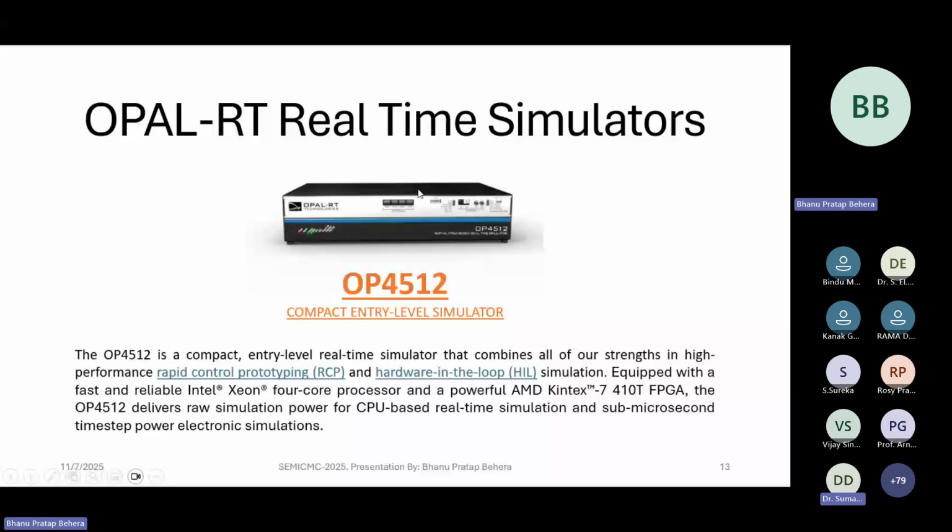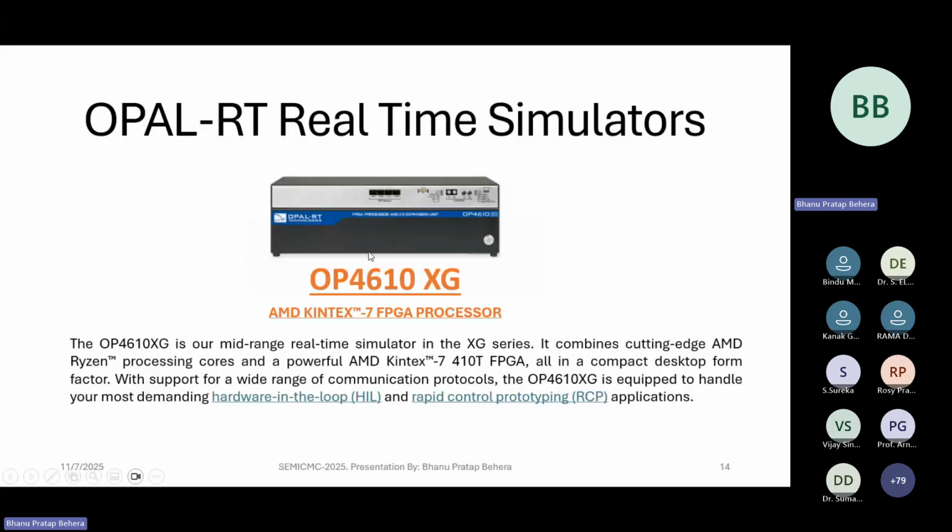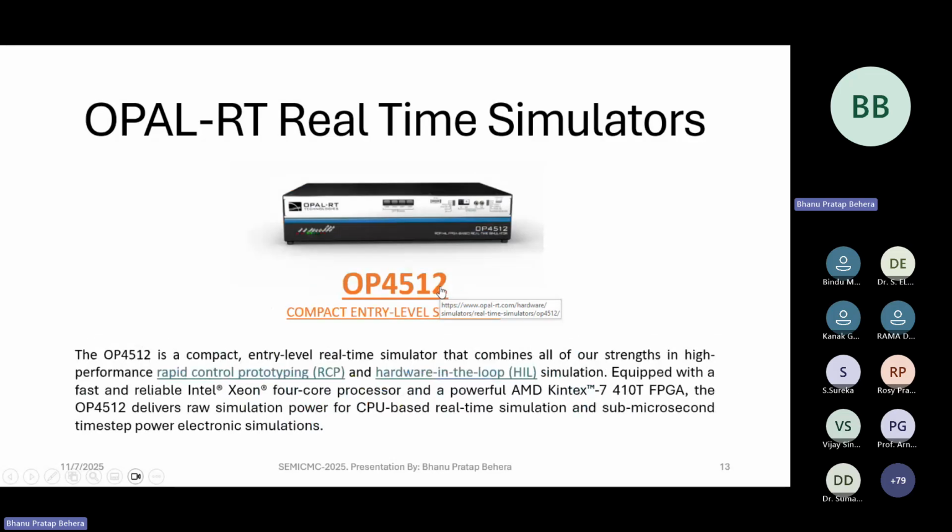Similarly, there is another real-time simulator, the OP4610XG. This is one of the mid-range versions of the real-time simulator in the XG series. And what happens if you are using the XG series real-time simulators? Whatever you can do on OP4512, the same thing you can also do on 4610.